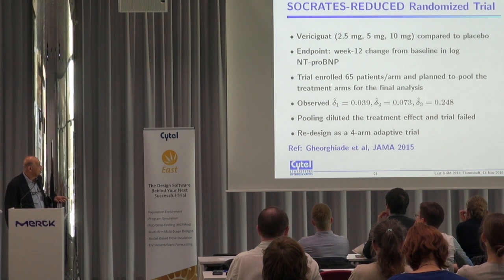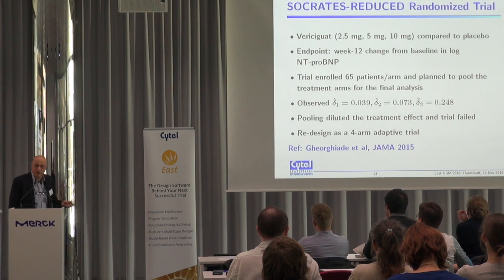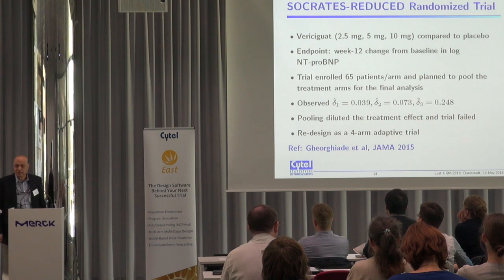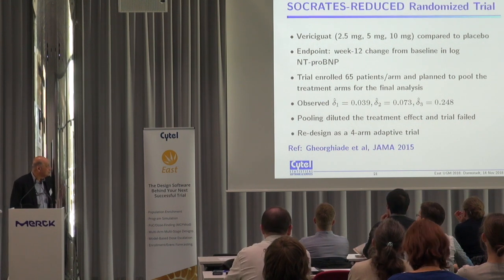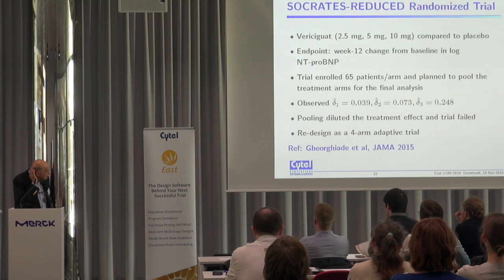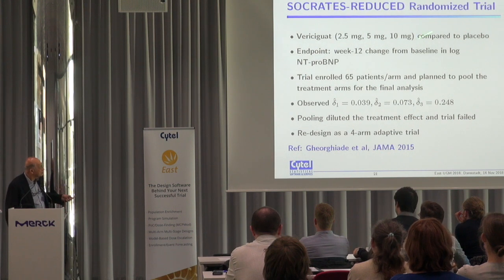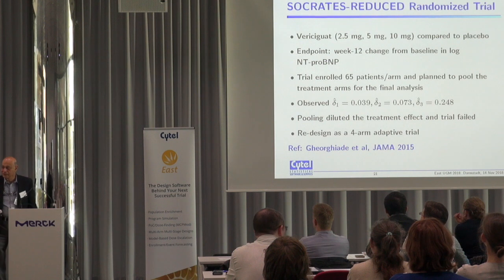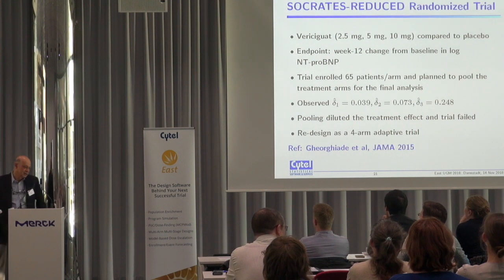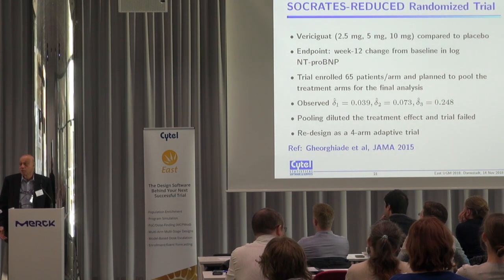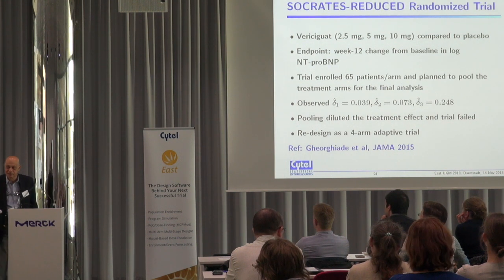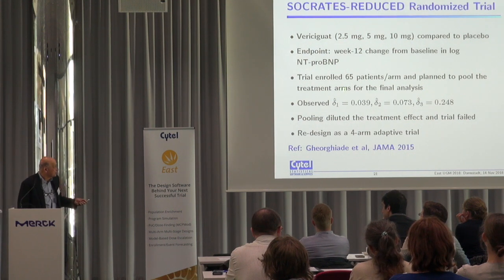This actual trial enrolled was underpowered. The reason was they only took 65 patients per arm, and it was underpowered because they sort of assumed that these 3 doses would all be effective, and that the statistical analysis plan was to combine all the doses and test them against a common control, which was a big mistake.